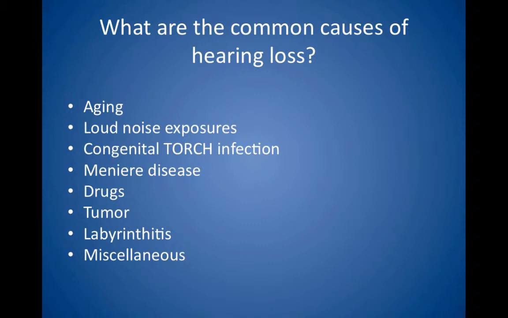The history, though, may suggest other causes, such as prolonged or intense exposure to loud noise, such as work-related noise issues, congenital TORCH infection, and just a reminder that TORCH is toxoplasmosis, other infection, rubella, cytomegalovirus, and herpes virus.